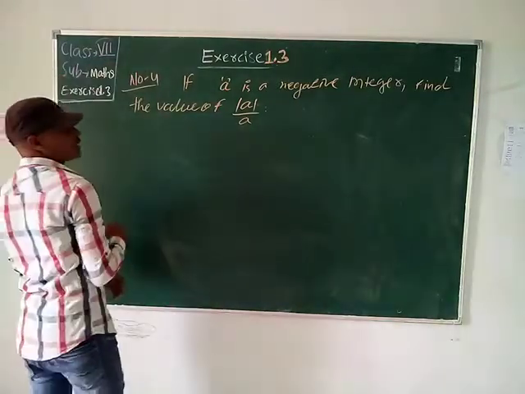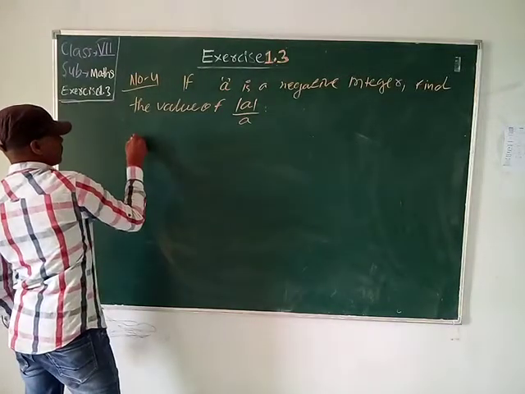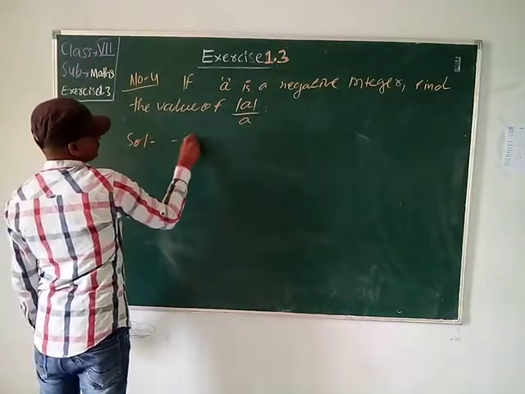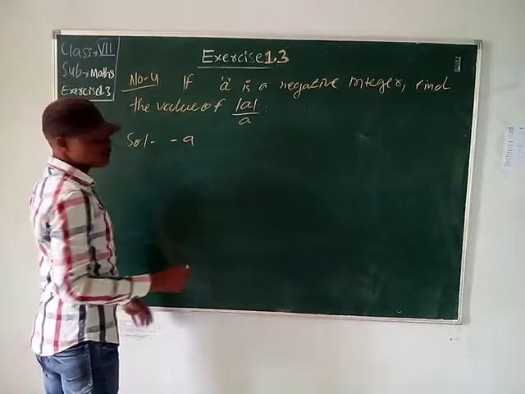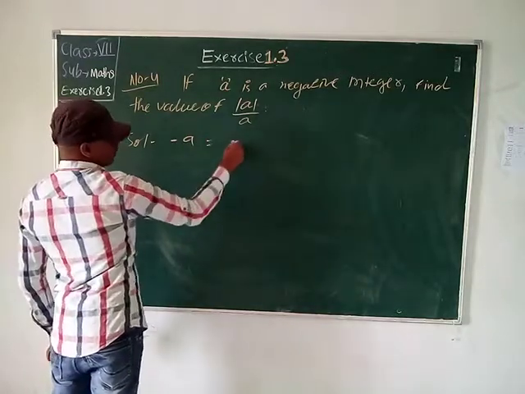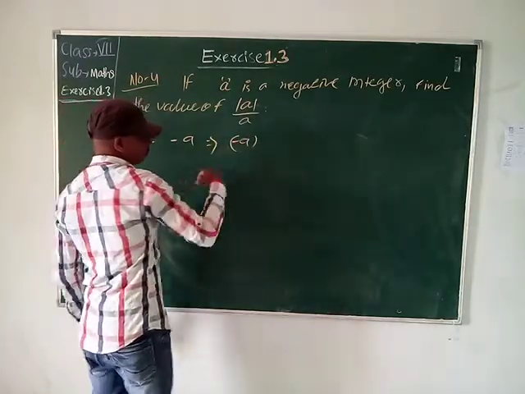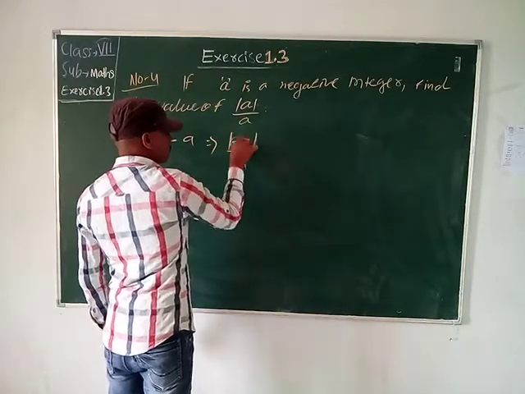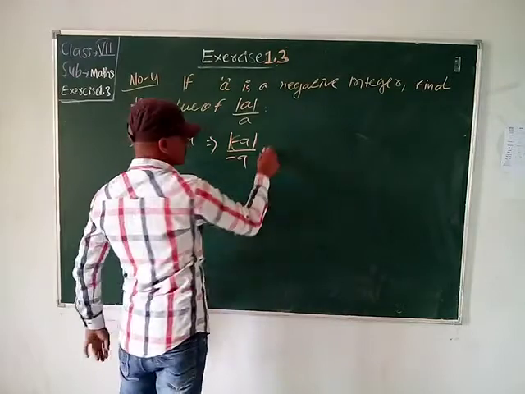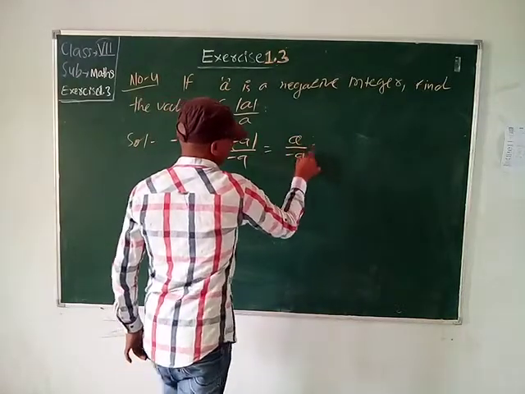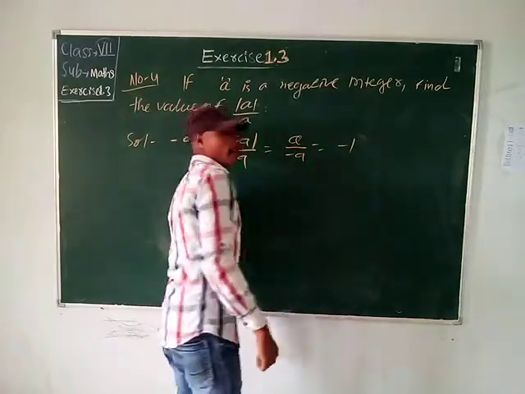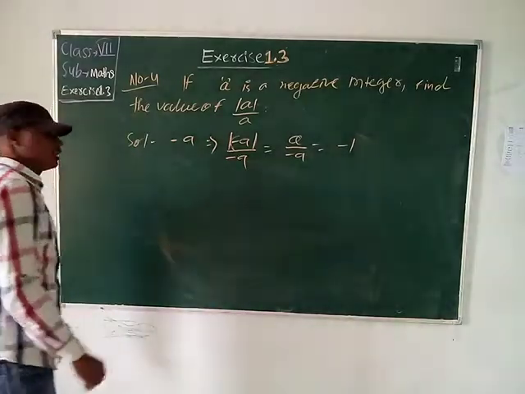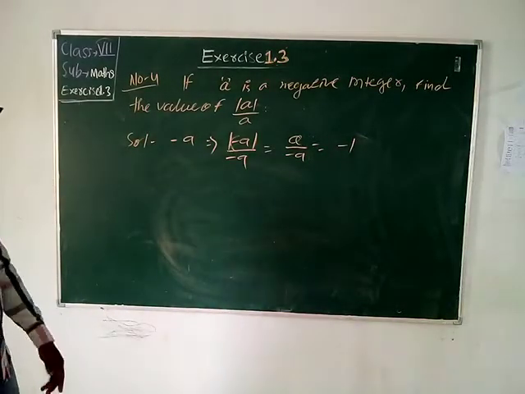So A is a negative number, so we can take minus A. Then we put the value: minus A by A. Absolute value always gives positive, so that means minus A by A equal to minus 1. The answer is minus 1. A number divided by itself is always 1.